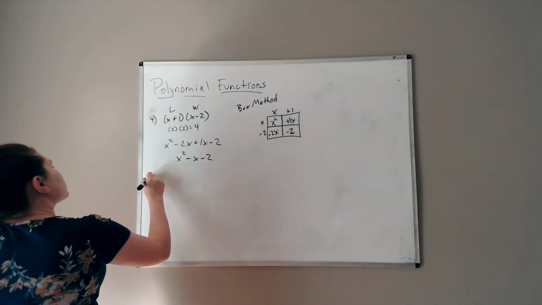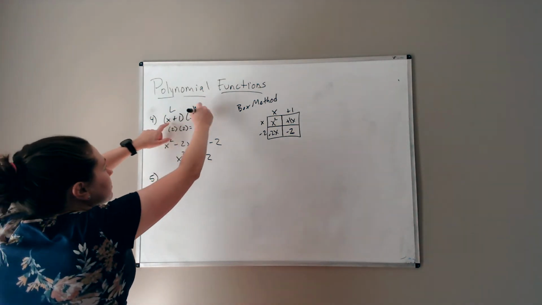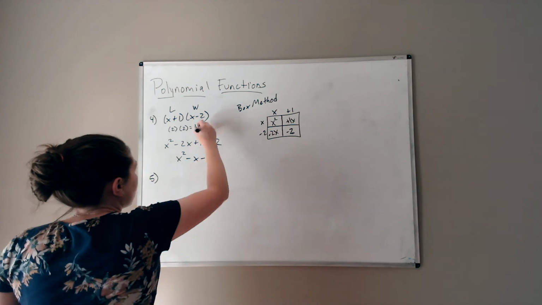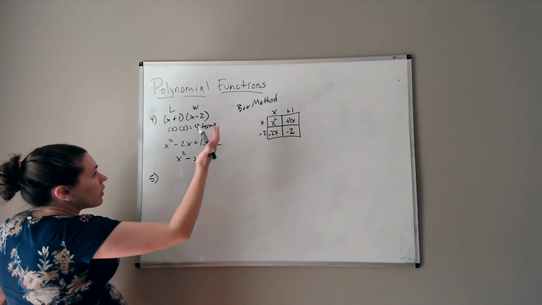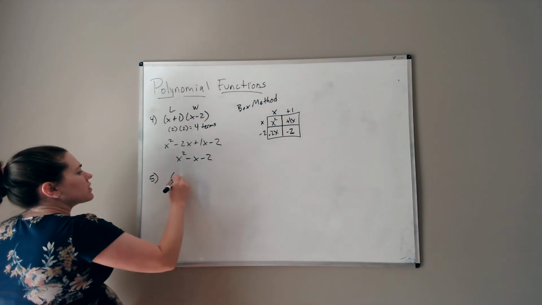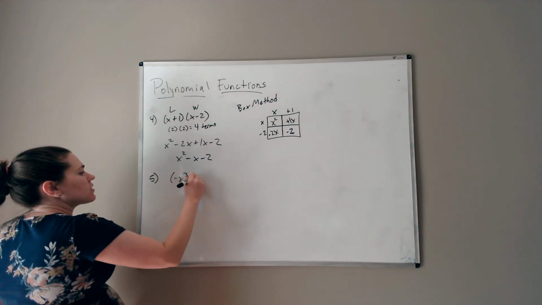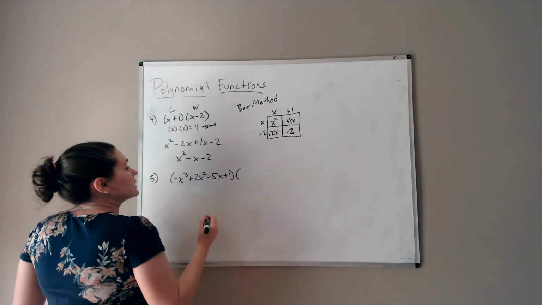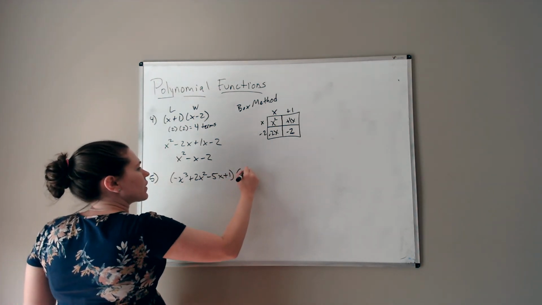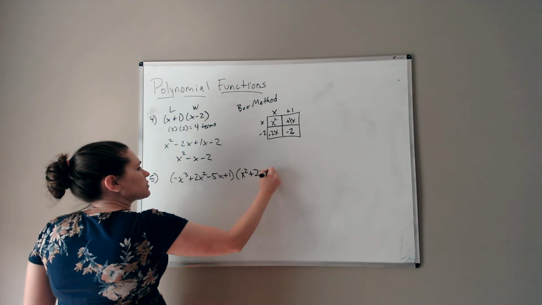So it could help if you have trouble keeping track of everything. It could help to use the box method. You don't have to. The reason you might use the box method is because you might end up with something like this: negative x to the third plus 2x squared minus 5x plus 1 times x squared plus 2x minus 1.